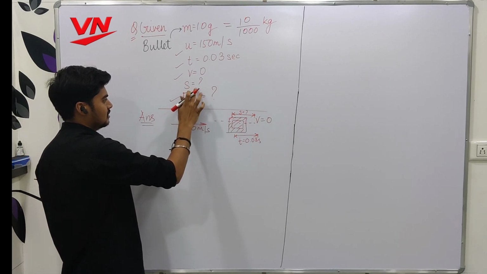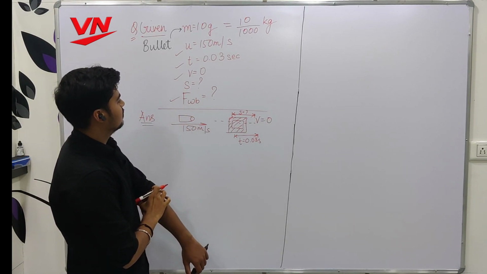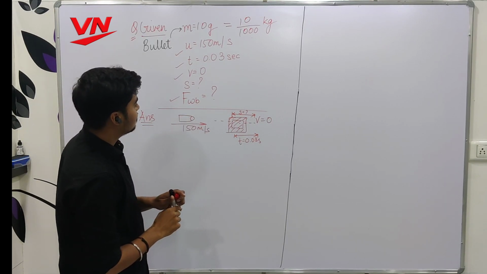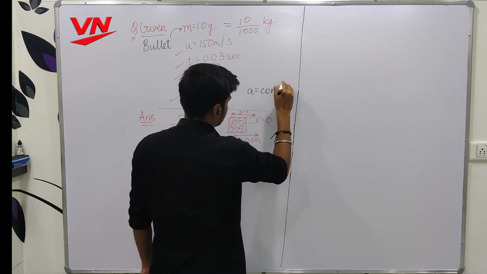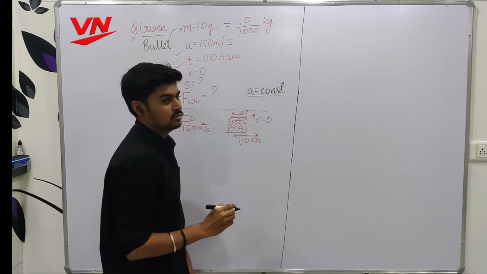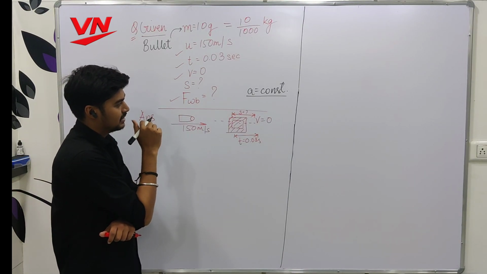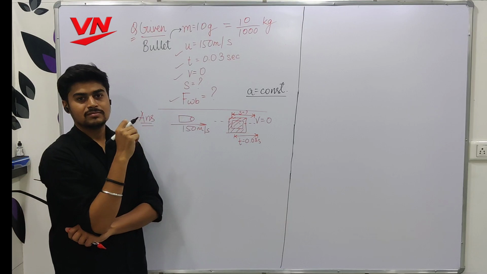Now to calculate force or displacement, we will start the calculation from the displacement. As you can see, we can calculate displacement, and the acceleration is constant. We can use equations of motion, but without acceleration I won't be able to find any of this.